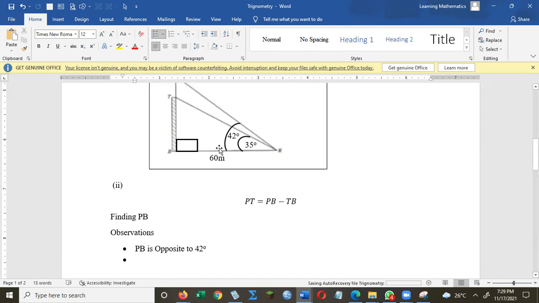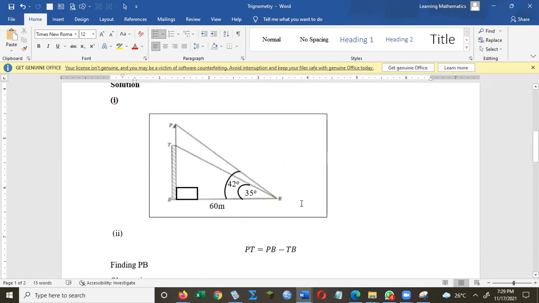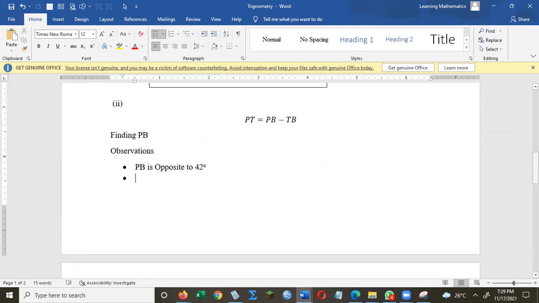BR is adjacent to 42 degrees, because if we are dealing with the triangle PBR, we have to deal with the 42 degrees. So 60 is next to the 42, adjacent to 42. 60 is adjacent to 42 degrees.